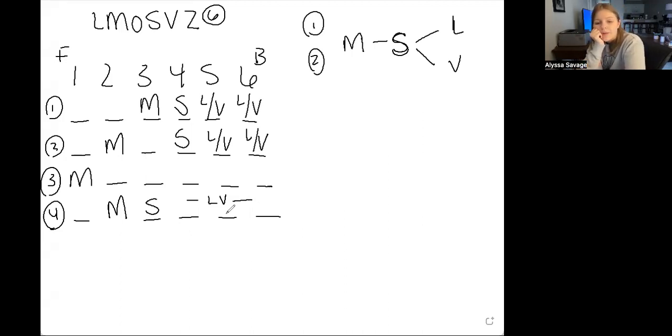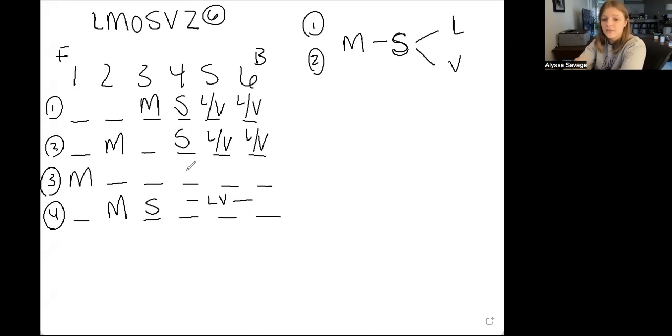And I'm going to go into my 3rd world now, because we have to attack each world as if they're independent of each other. So M is in my first spot. So I have to think about where S can go, because M has to come before S. So if 2 variables are after S, that means that if I'm moving backwards, or you could also move forward, I can't put S at 6, can't put S at 5.